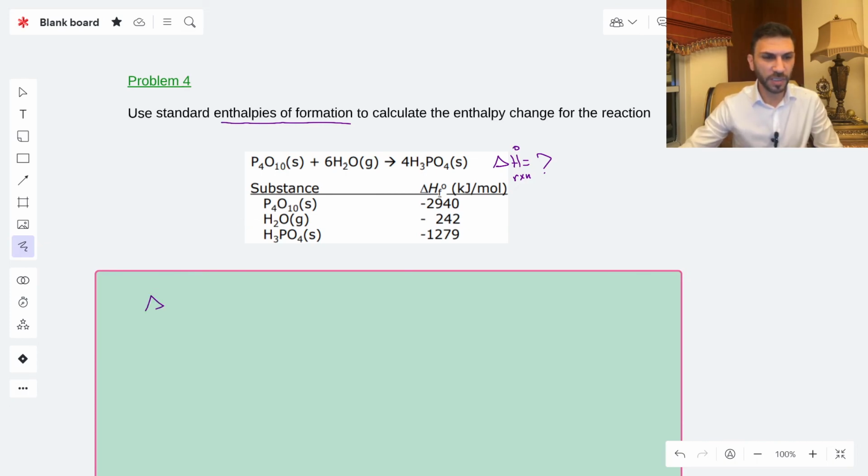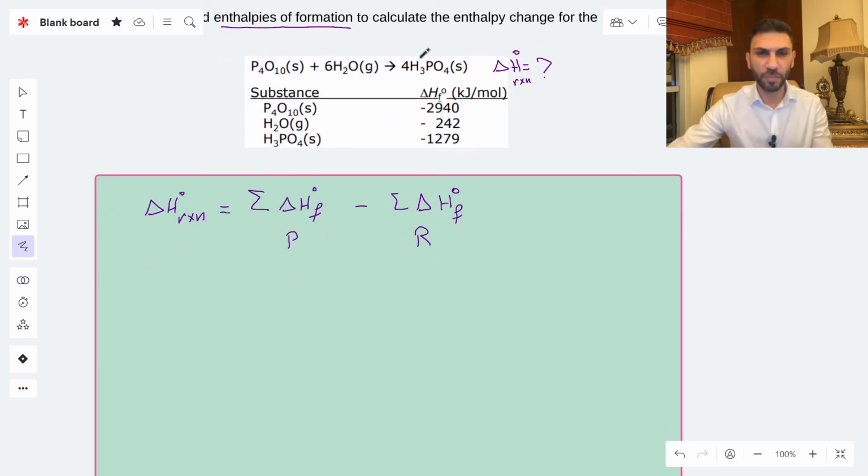It's very simple: delta H reaction standard equals the sum of delta H formation of the products minus the sum of delta H formation of the reactants. The product is 4 H3PO4, so I need to multiply it by 4, minus I need to multiply H2O by 6 because I have 6 moles, and this one multiplied by 1.